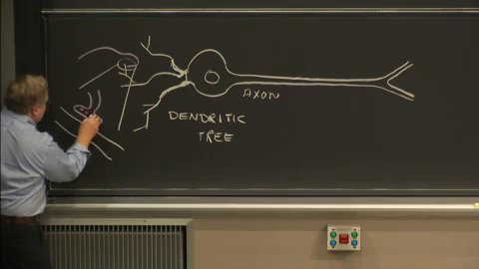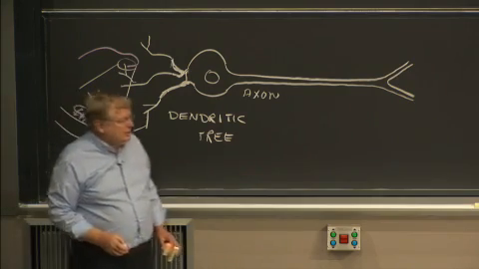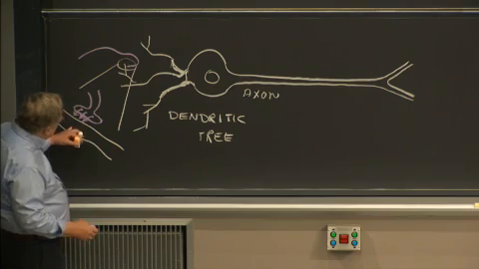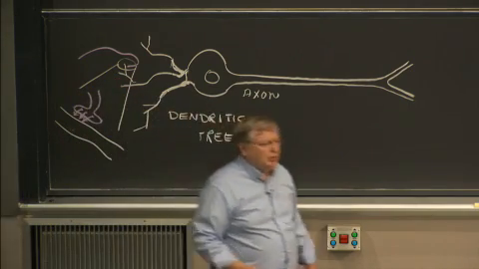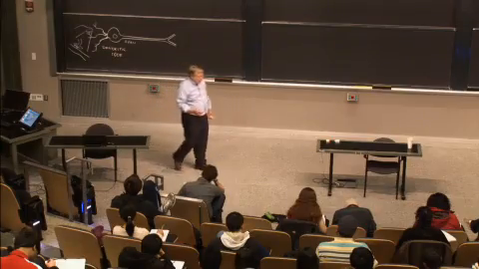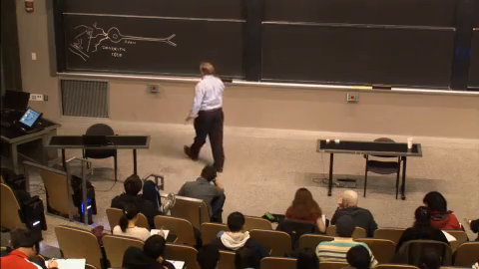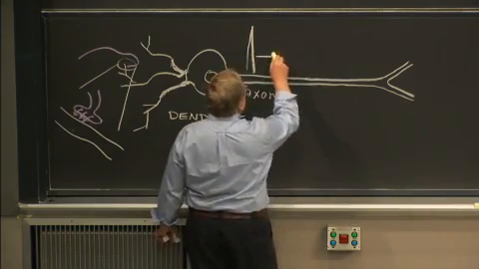This is filled with little vesicles, the neurotransmitters that get dumped into that synaptic space. And when there's dumping of the vesicles into that synaptic space, it excites the dendrite, and if there's enough cumulative excitement on the dendritic tree, then a signal, a spike, propagates down the axon.